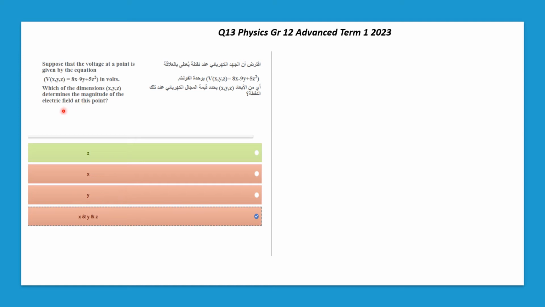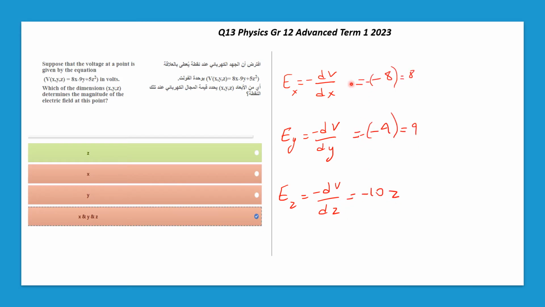So what equation connects the electric field and the voltage? E is equal to minus the derivative with respect to each of the dimensions. So Ex equals minus dV over dx, Ey equals minus dV over dy, and Ez equals minus dV over dz. When taking the derivative for the first part, we get 8, which is a constant.